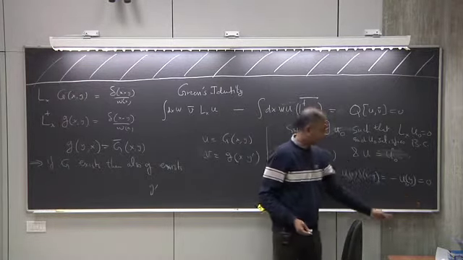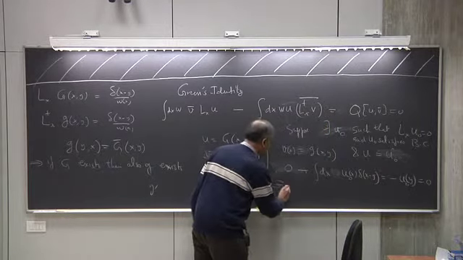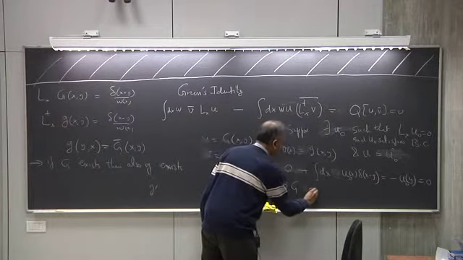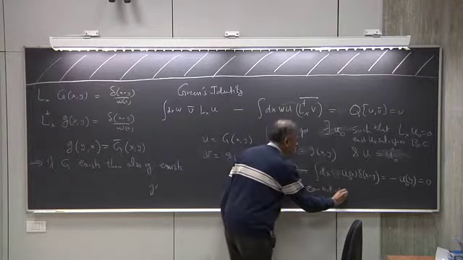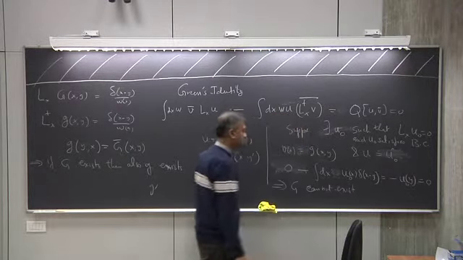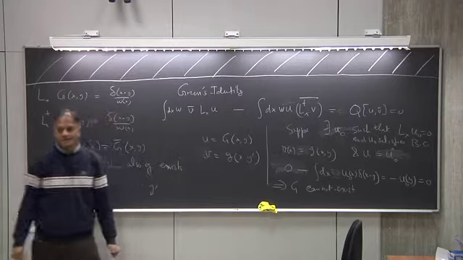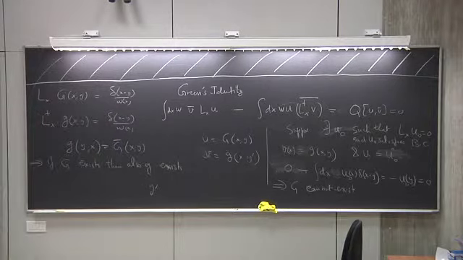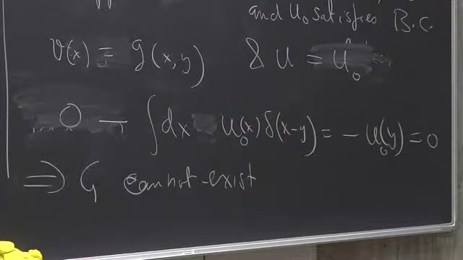So this is a contradiction, which implies capital G cannot exist. So this is a necessary condition: there is no non-trivial solution to the equation Lx acting on u0 equal to 0 which satisfies the suitable boundary conditions.